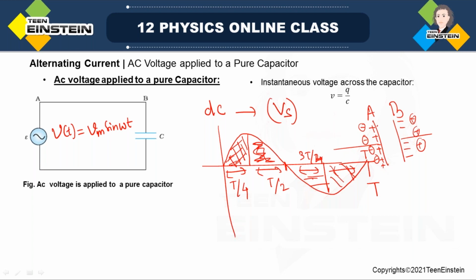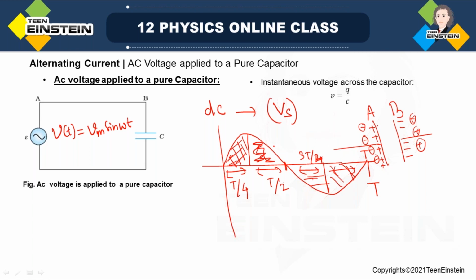It will be charged with negative polarity in this part, and it will be discharged in the fourth quarter. So this is how it will be charging and discharging, because the supply voltage itself is changing its magnitude as well as its direction, because it is AC.